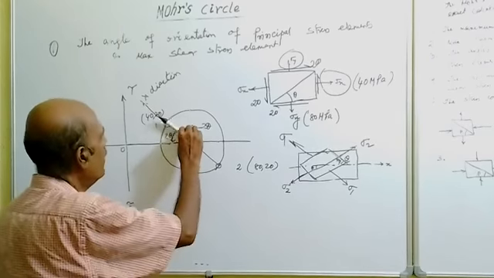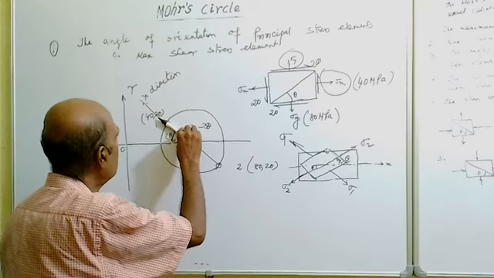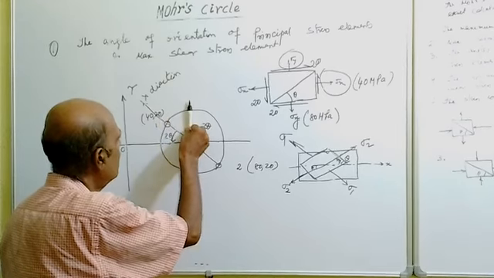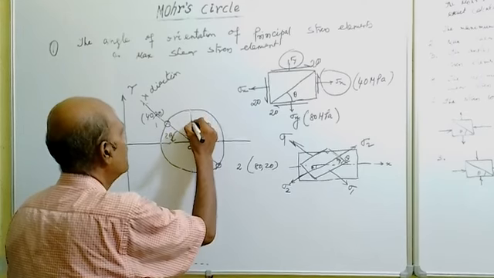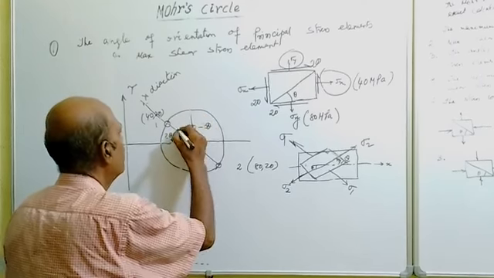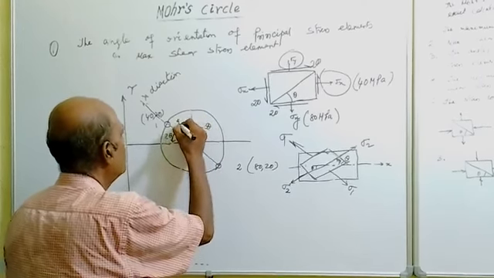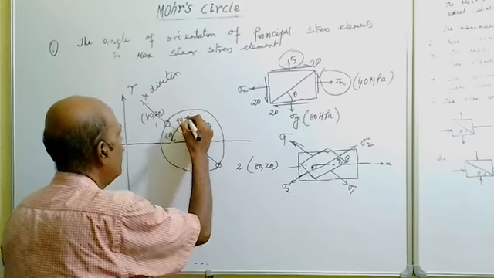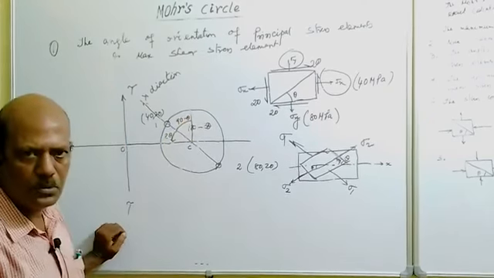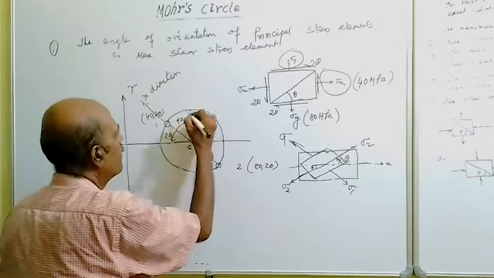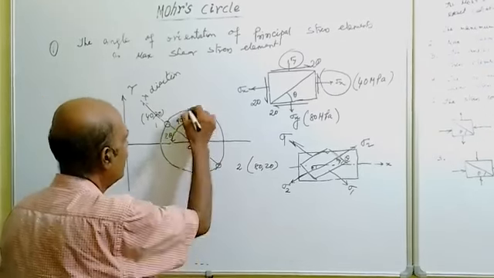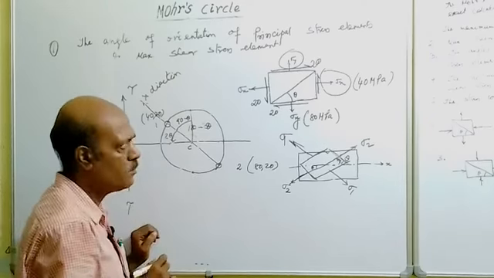To get that point, we have to rotate this x direction in clockwise sense by 90 minus 2 theta angle. So you can see from here 90 minus 2 theta angle, then we will get this point. This point and this point indicate the major principal stress.